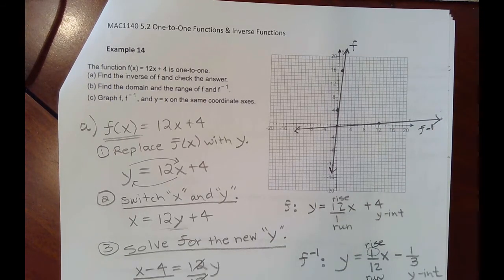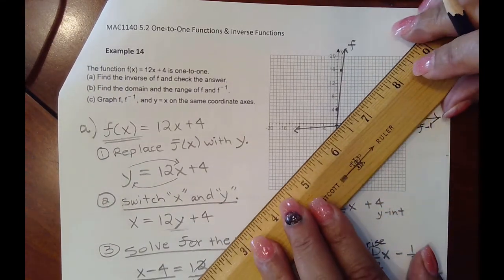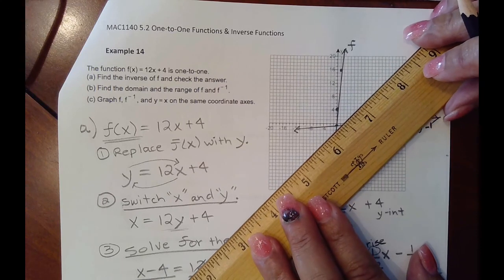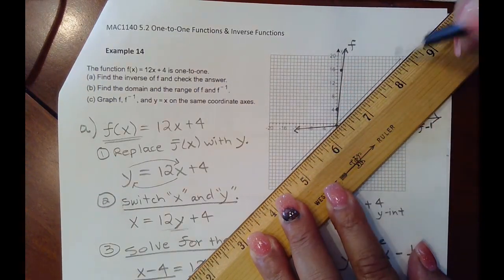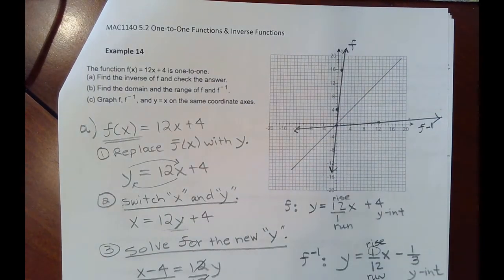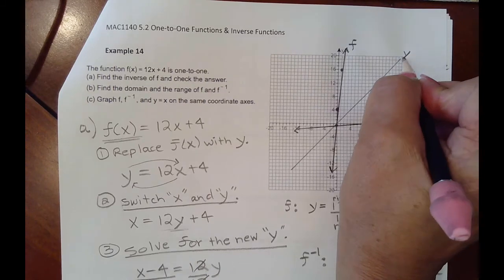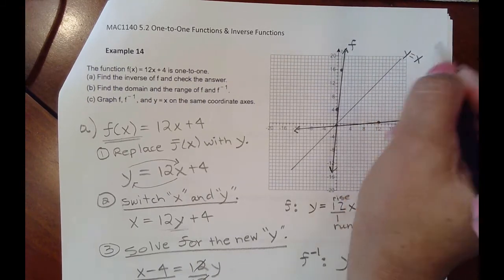Okay, notice that if I was to draw my line called y equal to x, which is just a slanted line with a slope of 1 that goes right through the origin. See, and you have mirror images. This is the line called y equal to x.